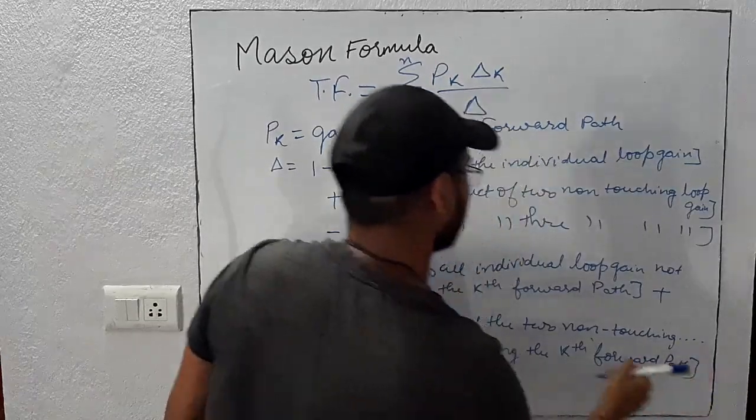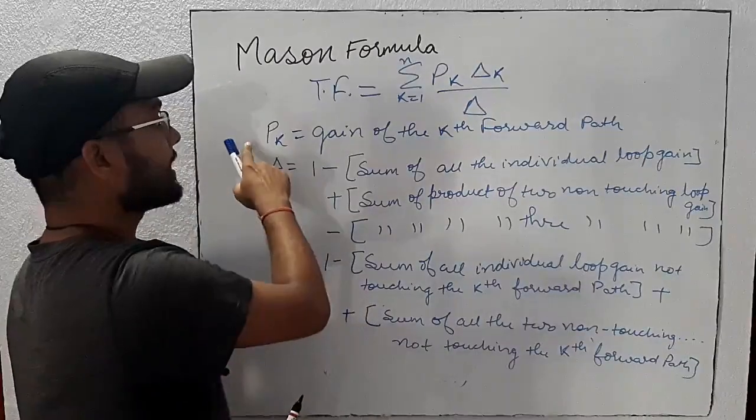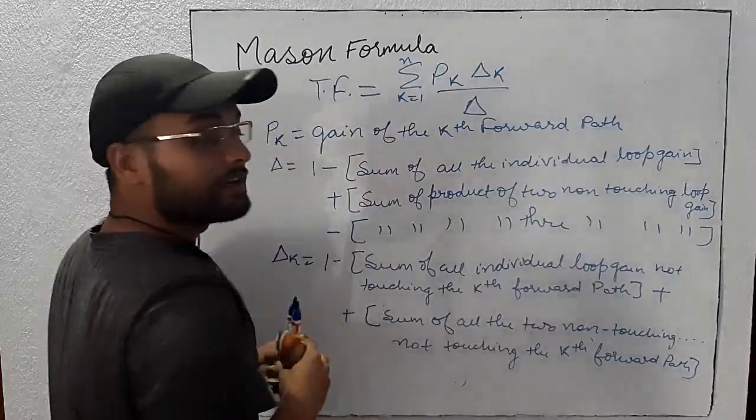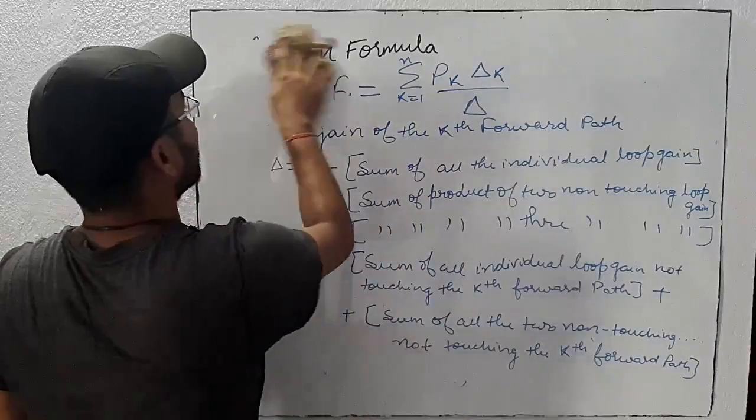So this is the formula to find delta k, delta and Pk, and it makes it very easy to find the transfer function from a signal flow graph.